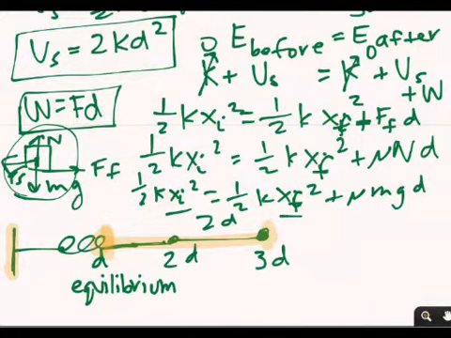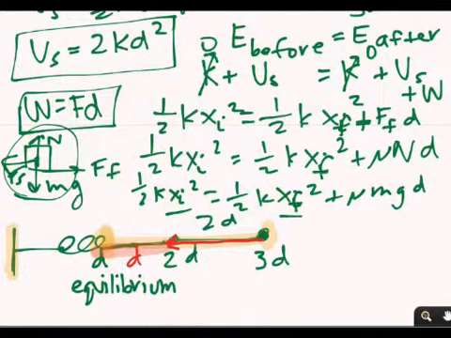And then the distance to the final position, so it travels for 1D. So we start here, we go for a D, which brings us to right here. And that's a distance of D away from equilibrium.